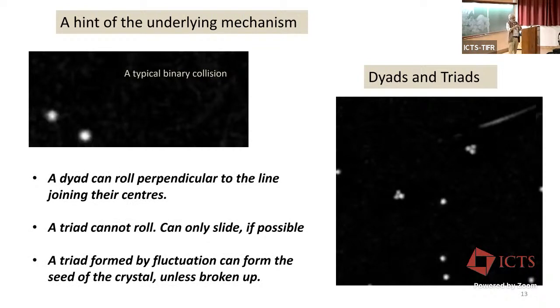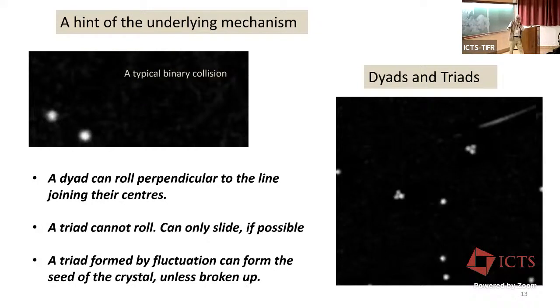They come together and they stick. If the approach momentum is not sufficiently large to move them away, then they will have a binary collision. But occasionally there will be some which are together. And the third one, you noticed here, came, hung around, rattled, and then formed a triad and got stuck. So what happens?